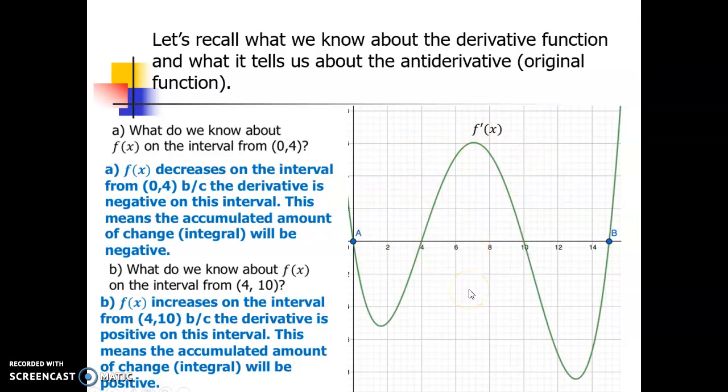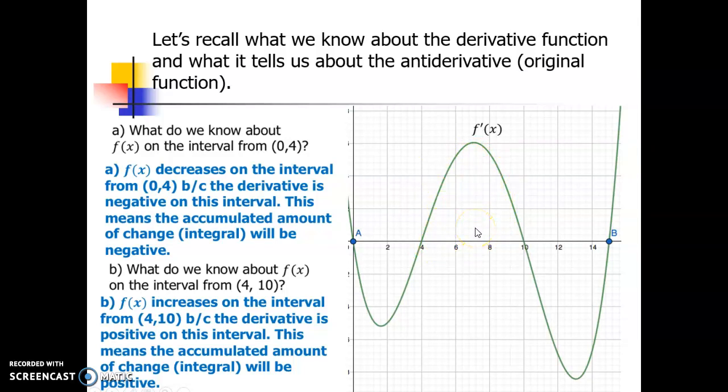This means the accumulated amount of change in that antiderivative, which is what the integral gives us, this amount of change, must be positive. In other words, f must be rising over this interval. How much does it rise? It rises whatever the area value is here, whatever I get as that number for the definite integral.